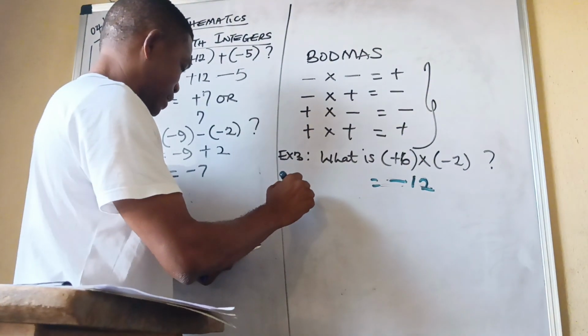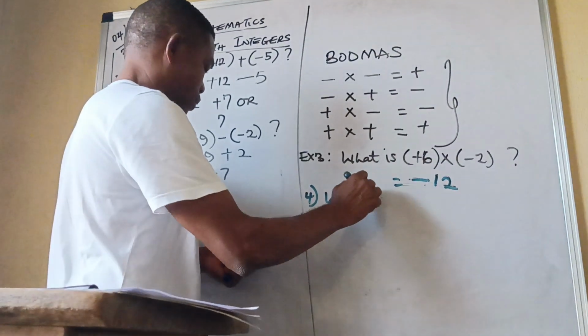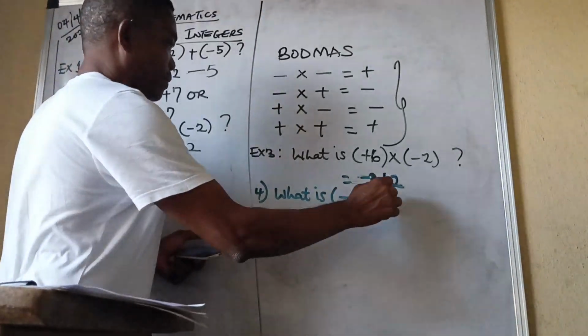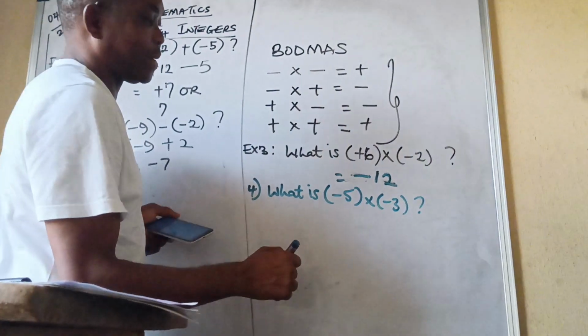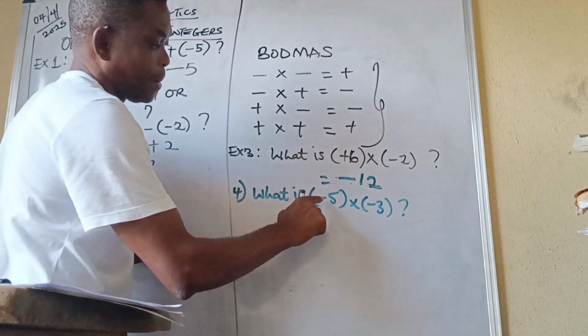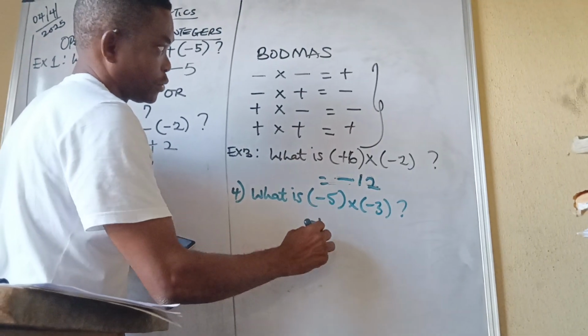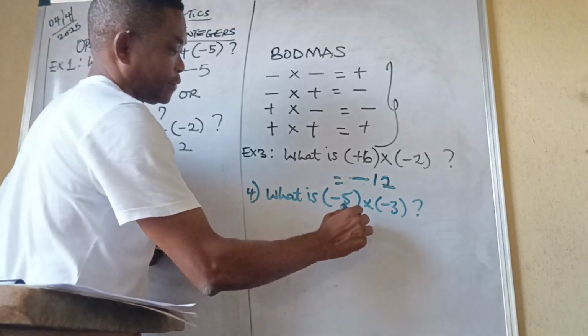The next example is what is minus 5 times minus 3? So minus 5 times minus 3, the same approach. Minus times minus is plus. 5 times 3 is 15.